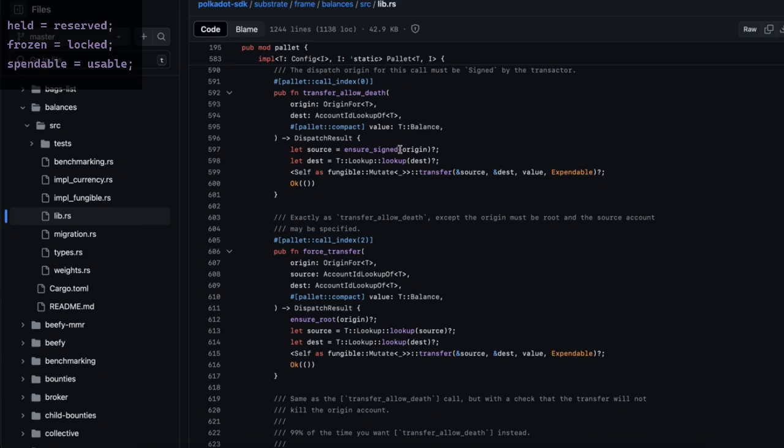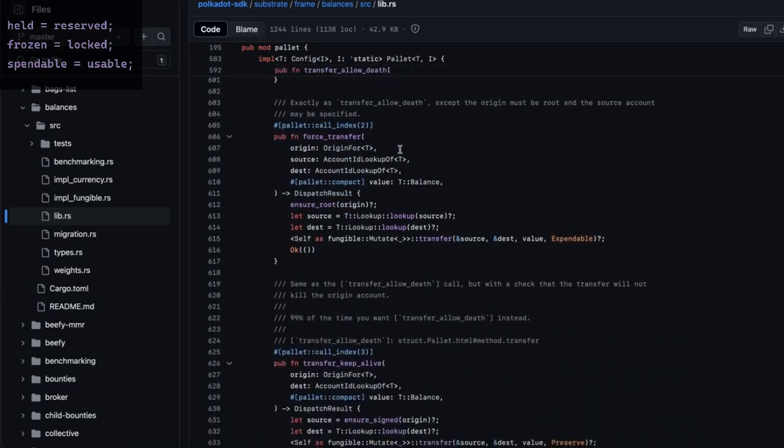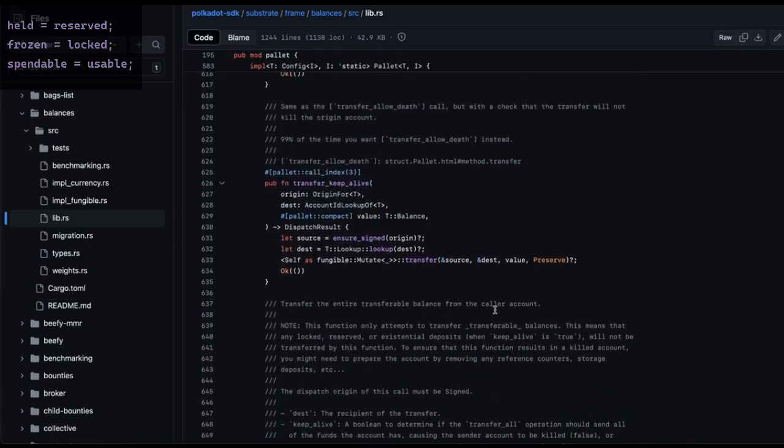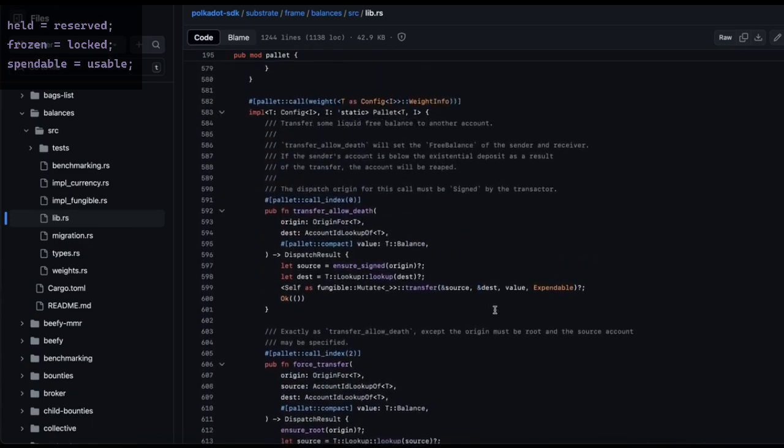We saw how to do that; it is not an unsigned transaction. And when we see ensure root, it means that sudo should make this call. And sudo is the super user account with special privileges on the blockchain. So there's index 1 missed.